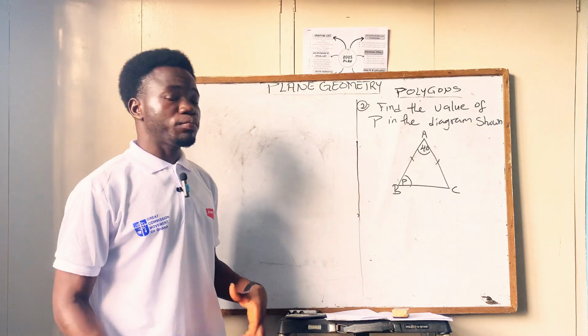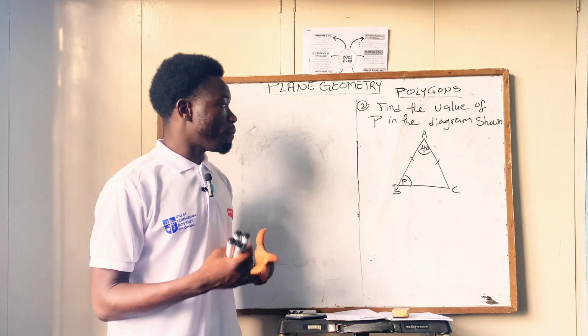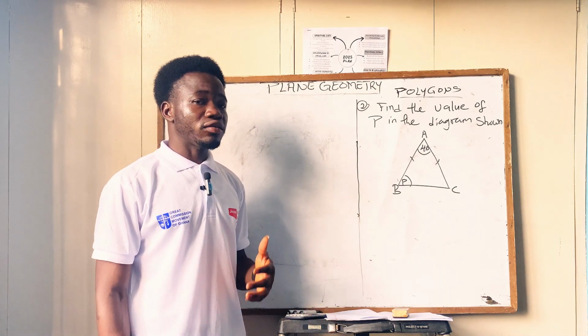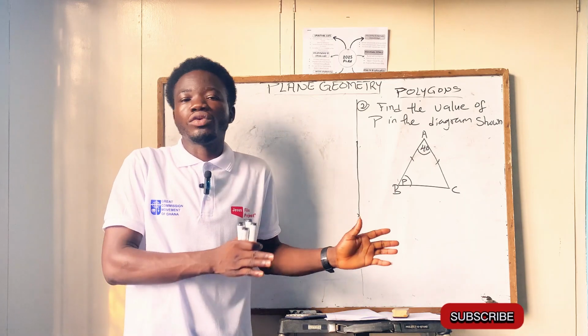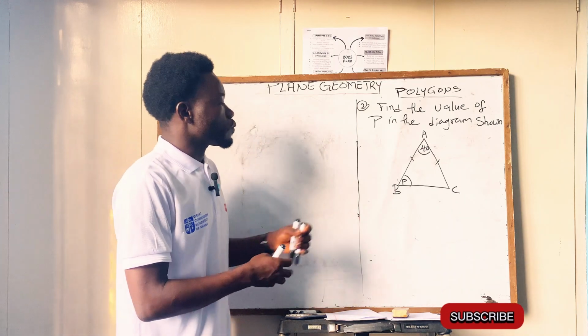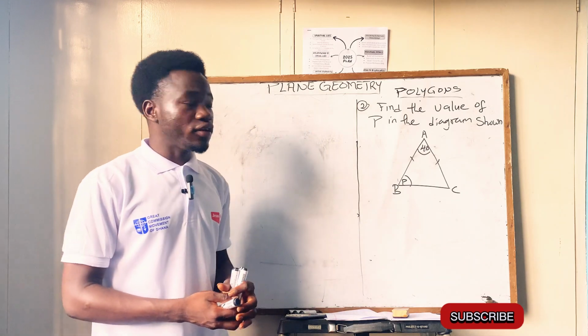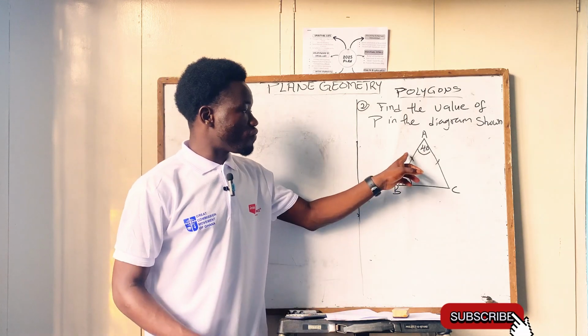Now what should readily come to your mind is that you must know what kind of triangle this is, so that it gives you how you can go about with your working. So this triangle is an isosceles triangle because of these lines.